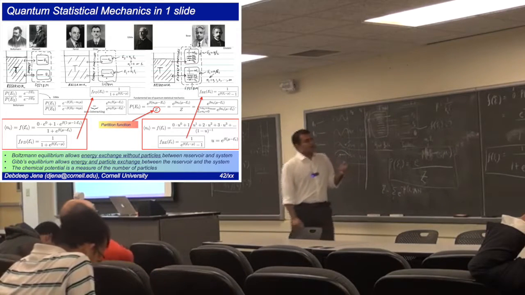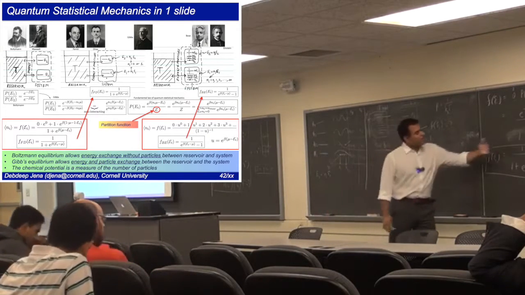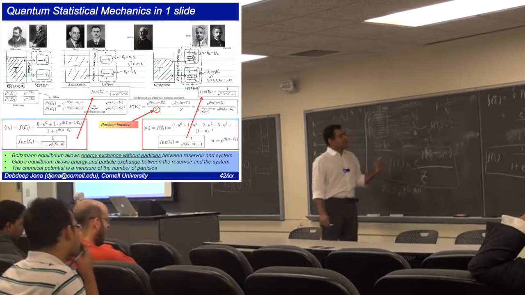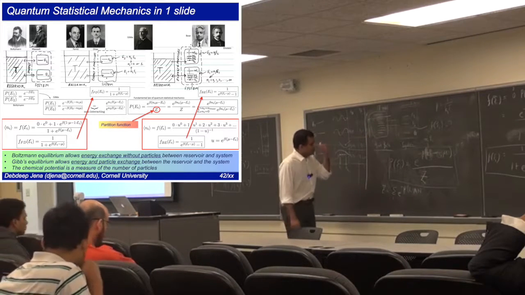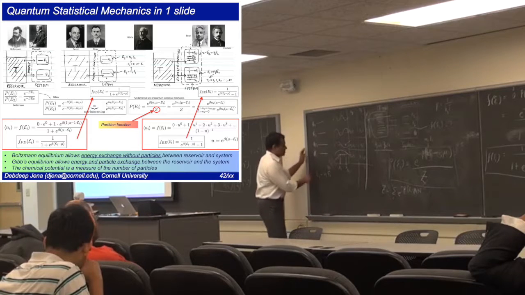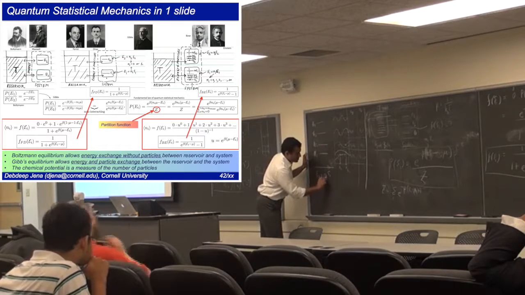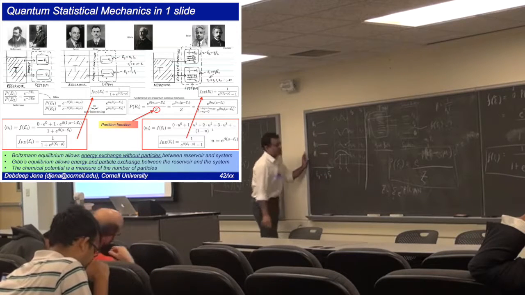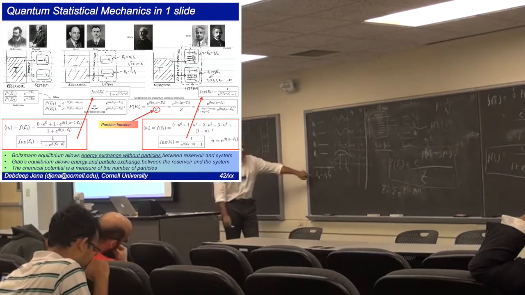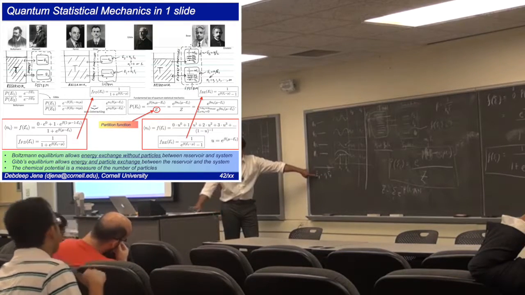Now, what are the implicit assumptions I've put into this? One of them, which is extremely important, is, the moment I write this, that E of the ith state is the number of particles in that state times the energy of that single particle orbital. What is the assumption? When can I write that?